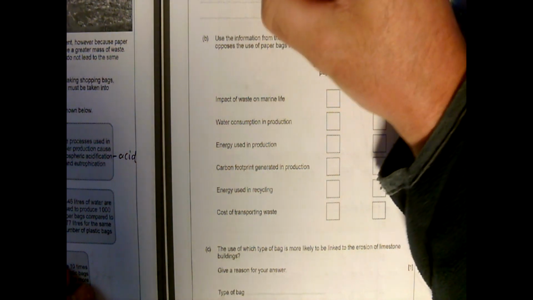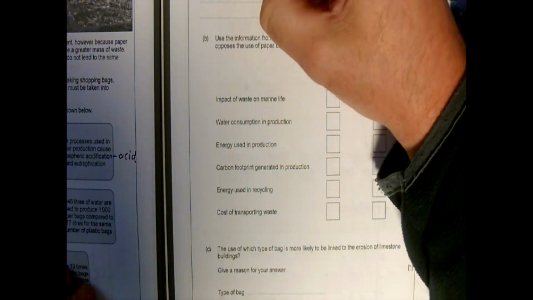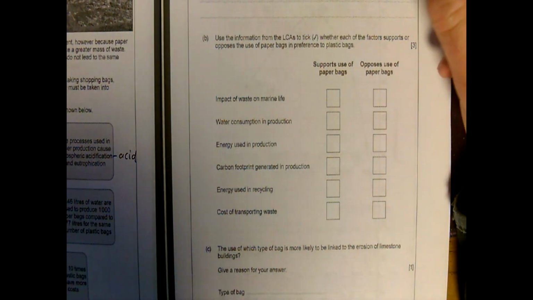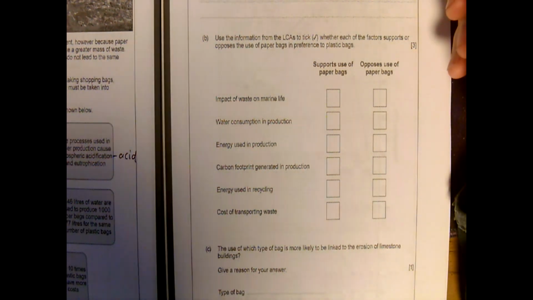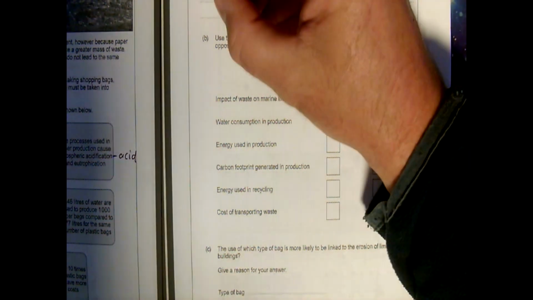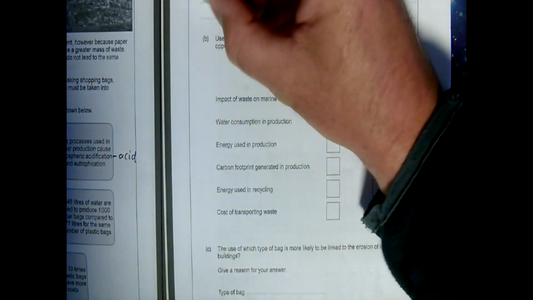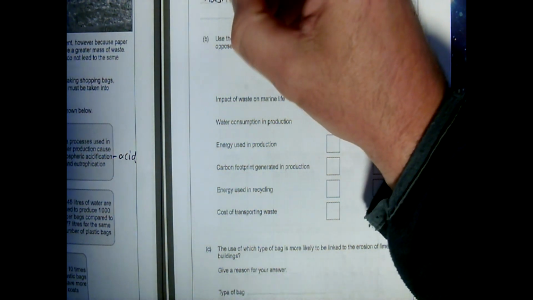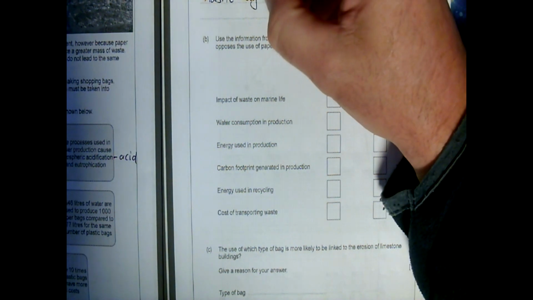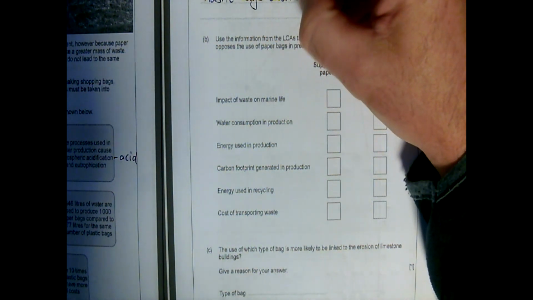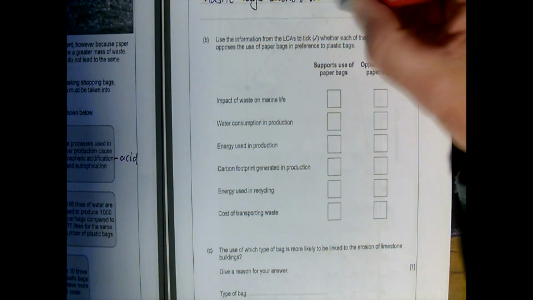Okay, so paper bags produce a greater mass of waste, so it's heavier than plastic. Conversely, the plastic bags produce a lower mass, so that's one point you can make there.